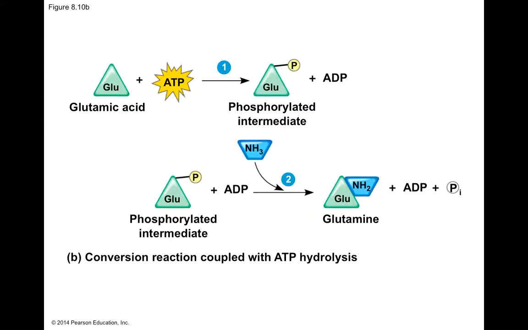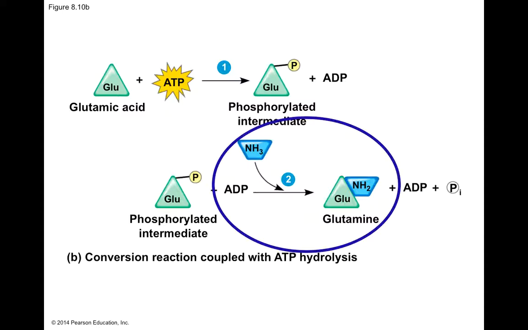So this is what happens when we couple this reaction with the hydrolysis of ATP. The phosphate group that's broken off of ATP is transferred to the glutamic acid. This is called phosphorylation, and the molecule is referred to as the phosphorylated intermediate. This phosphorylated intermediate is more reactive now. I usually think of it as being primed and ready to do work.